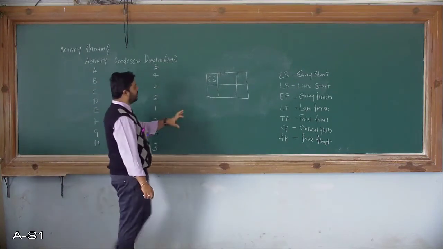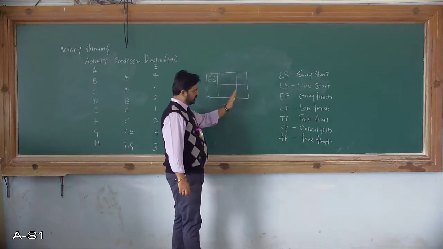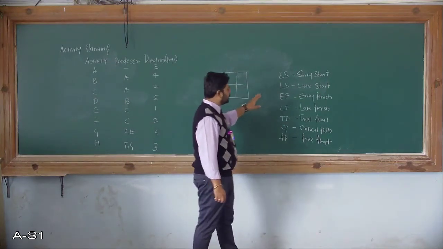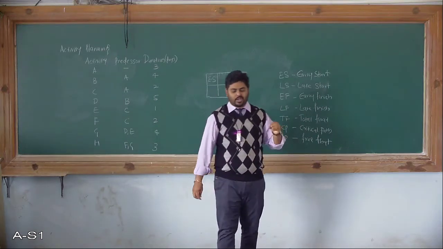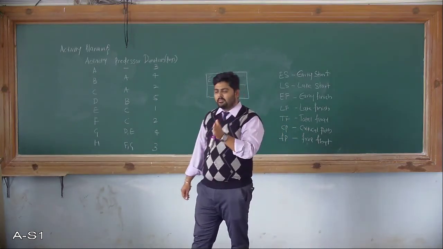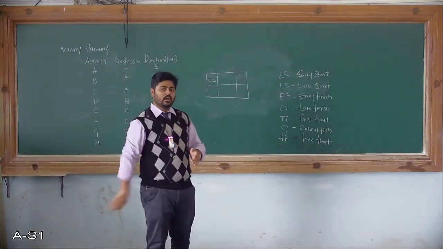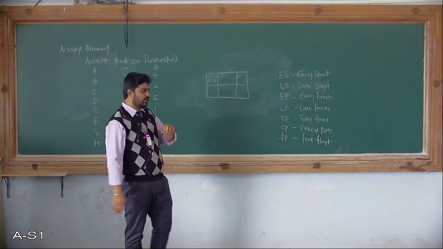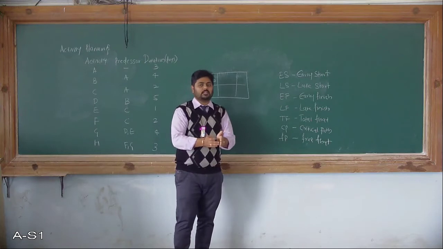So when you are going to start a particular activity and when you are going to finish it, there may be a delay. First of all, you have identified that from the third day this activity has to be initiated. If there is some problem or hurdle, it may be delayed.